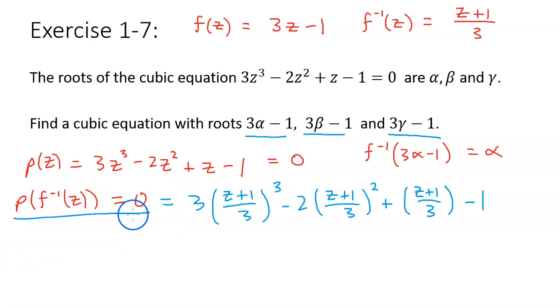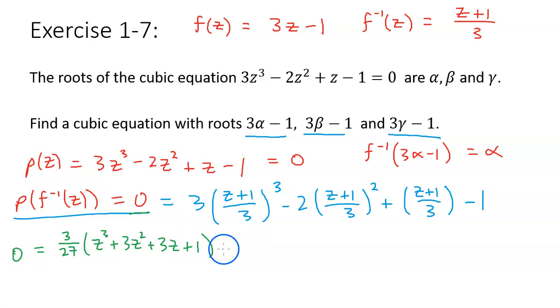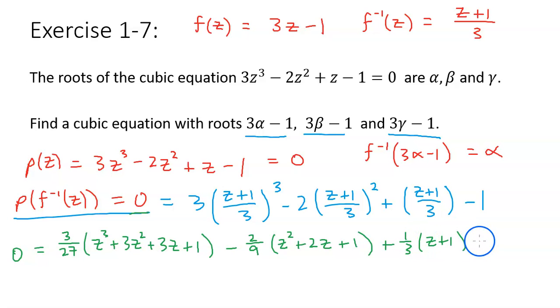We still have 0 on the left-hand side. 0 equals 3 divided by 27 times z plus 1 to the power of 3, which is z cubed plus 3z squared plus 3z plus 1, minus 2 over 9 times z squared plus 2z plus 1, plus 1/3 of z plus 1, and then minus 1.